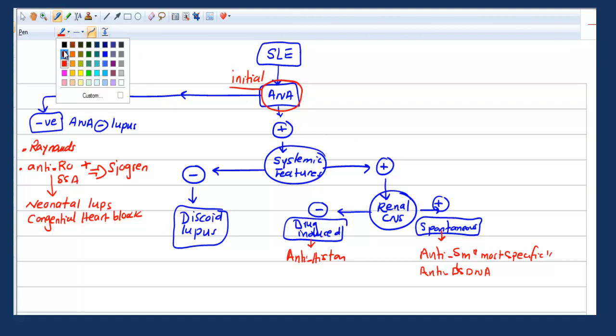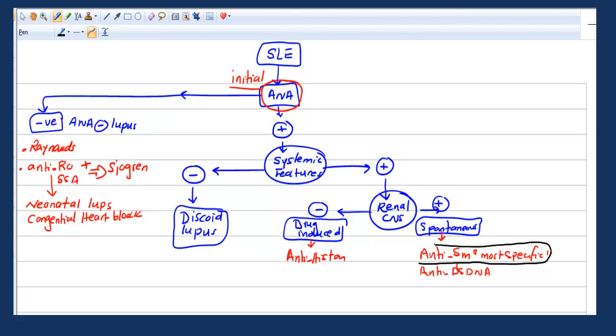But what is the problem here? Usually it's not sensitive enough. Regarding sensitivity, only about 40% of patients have positive anti-Smith. You don't need to know the percent, but I mention it because this is less sensitive than the other one.